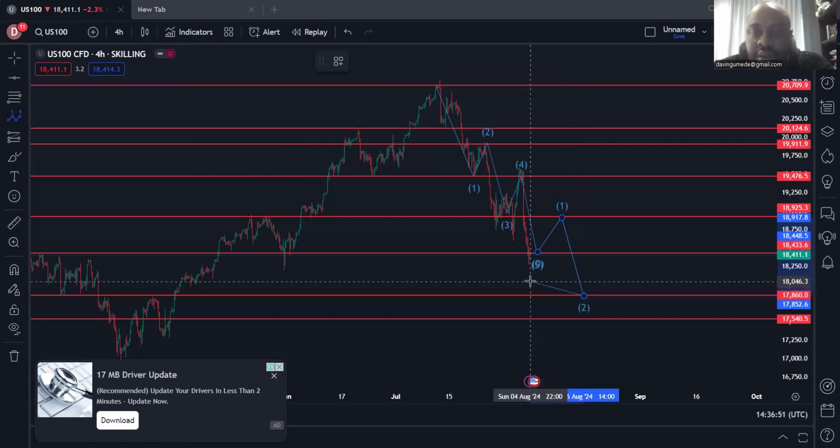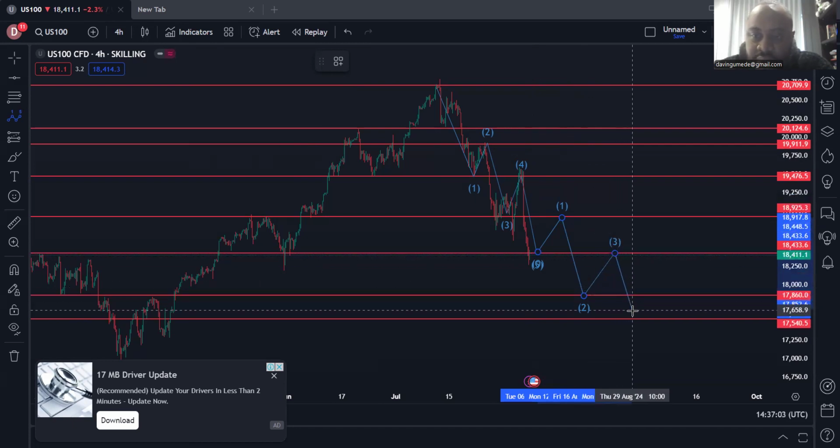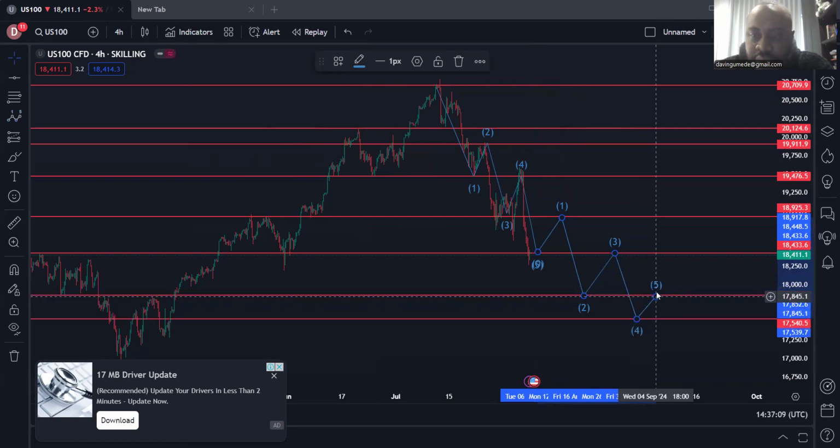So we could possibly also see a retracement coming back here to 18,400, around 18,450, in between there, and a continuous move pushing back down, and then a little move coming through there.